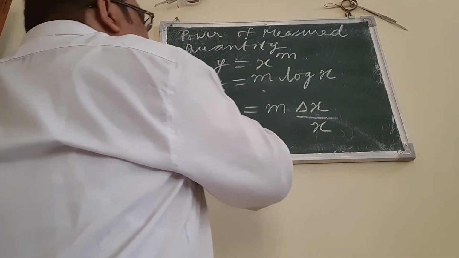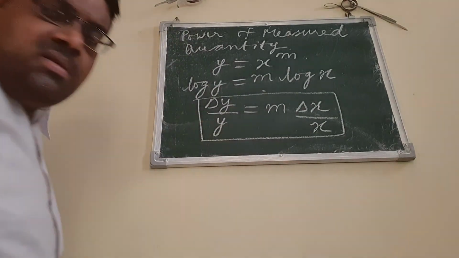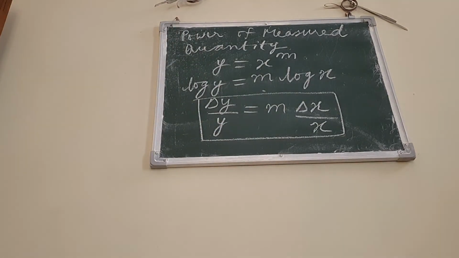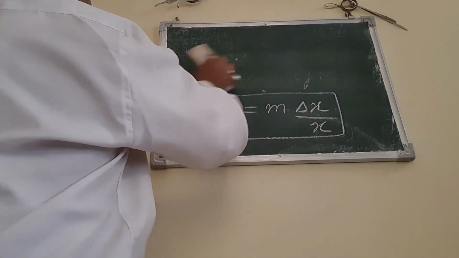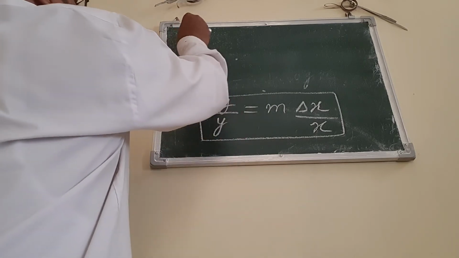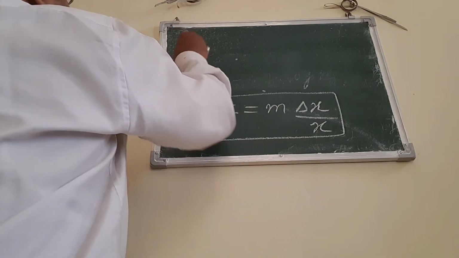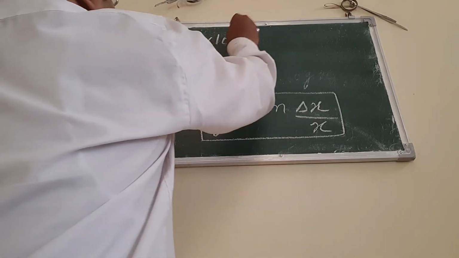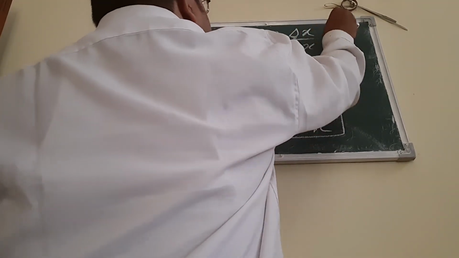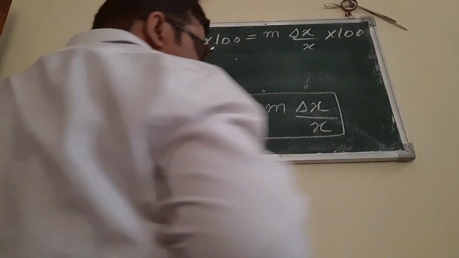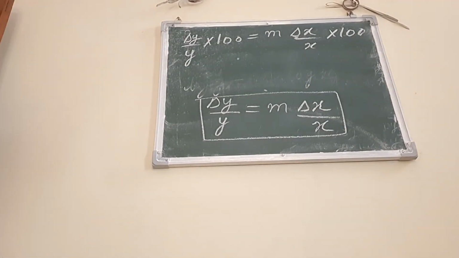So this will be our final expression. And to find the percentage error, we can multiply it by 100. So I am writing this expression here for the percentage error. Delta y upon y into 100 is equal to m into delta x upon x into 100. This is the expression for the percentage error.